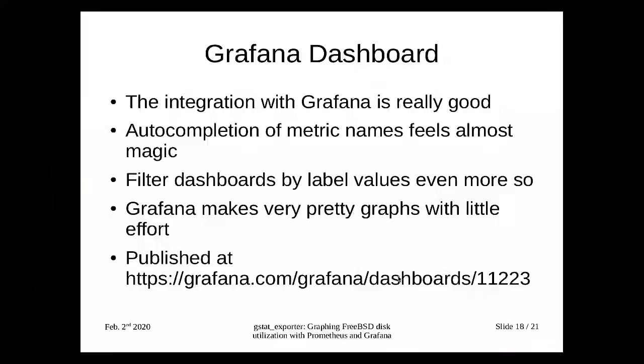Okay, so as I said, it doesn't visualize stuff by itself, but the integration to Grafana is really good. Once you add the Prometheus instance as a data source in Grafana, when you start typing a metric name, it auto-completes it, and it works very, very well. And you can filter dashboards by label values, and I'll show you what I mean by that later.